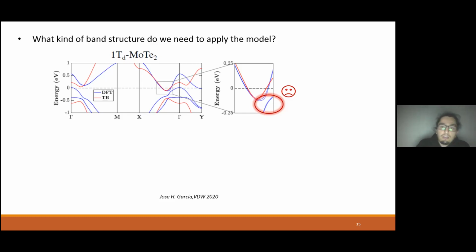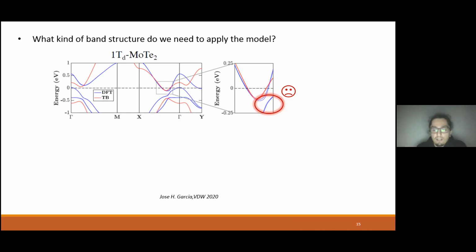As you can see here, it actually looks like the one offered in the model. There is a charge pocket here, but there's an intermediate band that comes here, and it just hampers the possibility to obtain a good quantum spin Hall material out of molybdenum telluride.